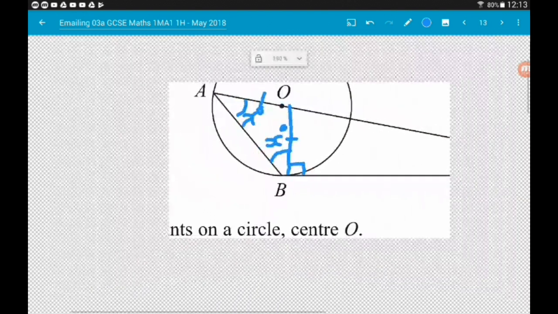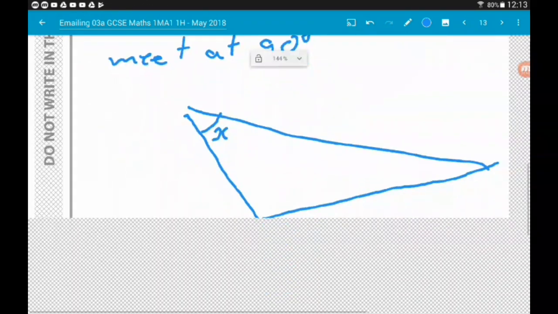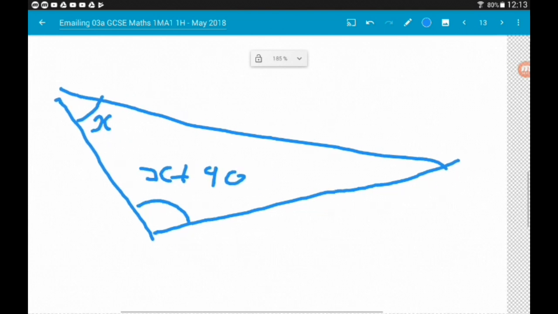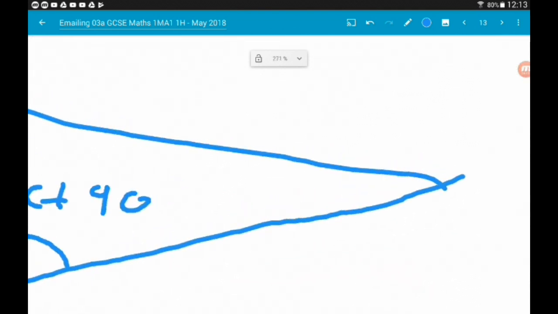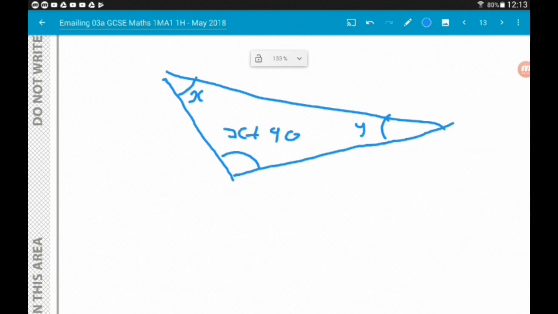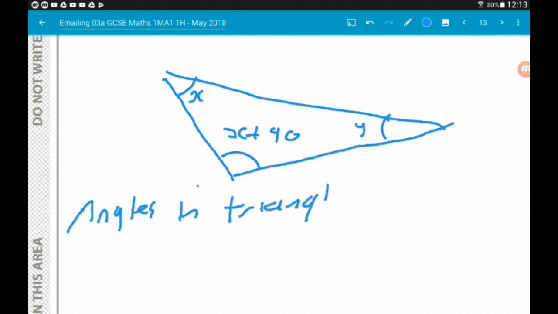So this angle in total is x plus 90. Now, what I'm going to do is I'm going to call the angle that we want angle y. So, now we know angles in a triangle sum to 180.